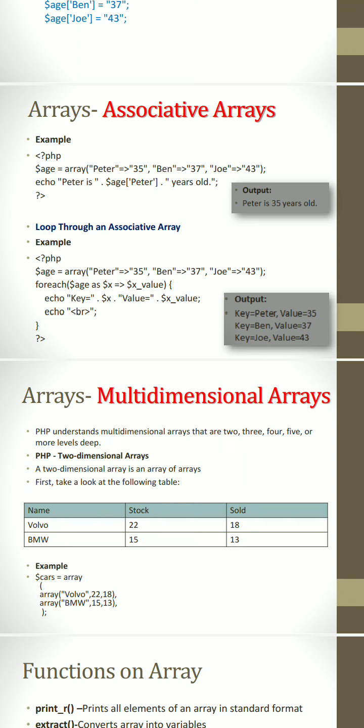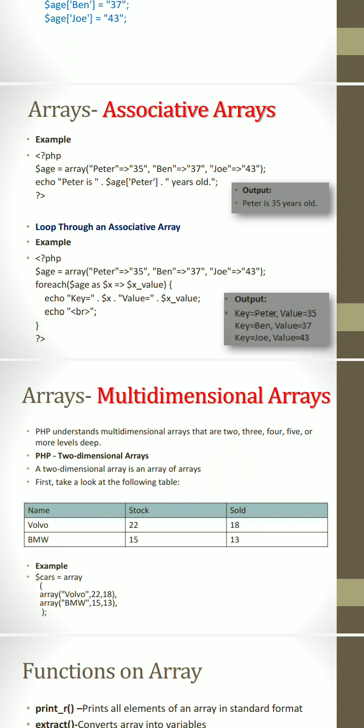What will $x be? $x is the key of your array $age. So Key = $x, and Value = $x_value. The values we have written, 35, 37, 43, will be assigned to the value. Echo break line.